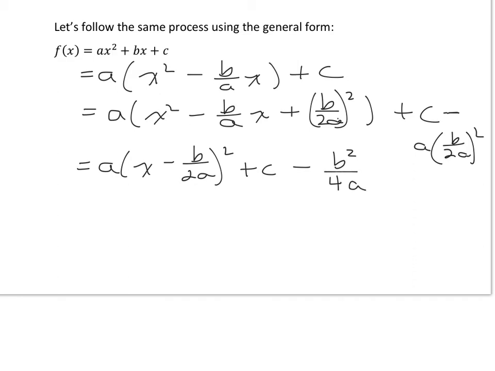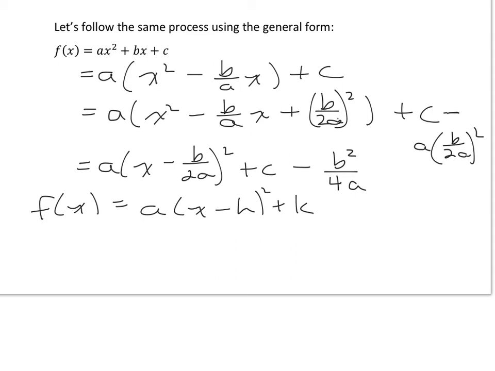If you compare that to what we looked at earlier, f of x equals a times x minus h squared plus k, you can see that the h value becomes negative b over 2a, and the k value becomes c minus b squared over 4a.